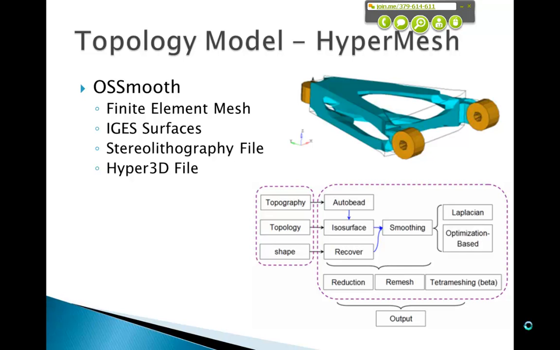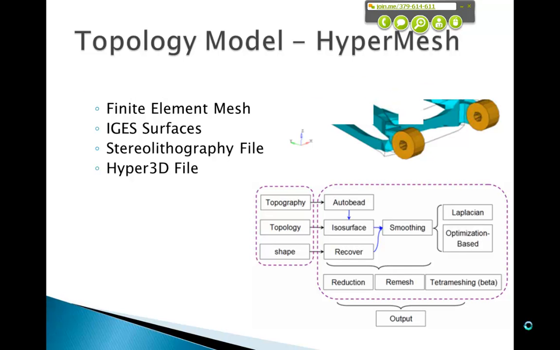HyperMesh also allows you to put out a Hyper 3D file, and that's for the Hyper view. It's for a visualization of your result that you can look at. So really the focus of today's discussion is going to be taking the IGES file or the stereo file and taking that into the CAD system.